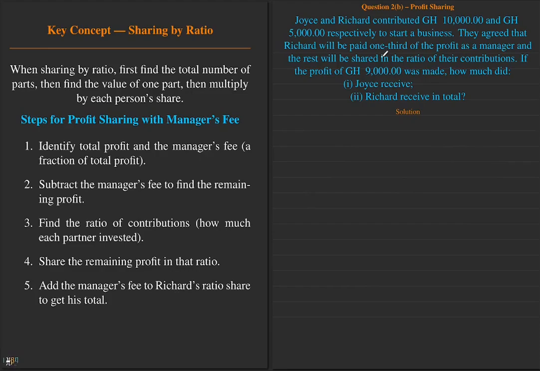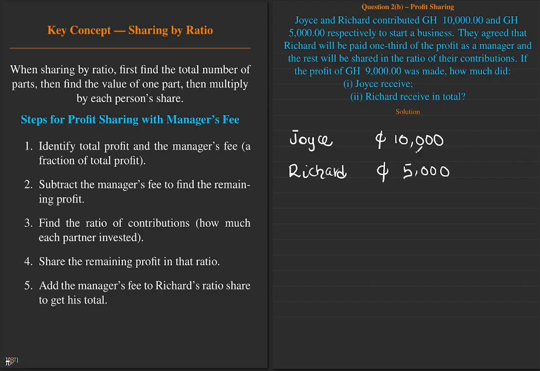So let's look at applying these concepts to this question. Now let's write out the parameters we have from the question. First of all, there is Joyce, and Joyce contributed 10,000. Then we have Richard, who, on the other hand, contributed 5,000 cedis.